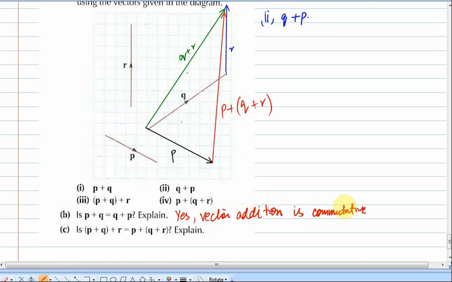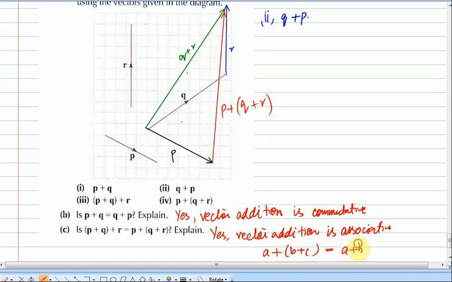For part C, yes, it's also proven because vector addition is associative. That property, A plus B plus C equal to A plus B plus C grouped differently, is the associative property, and vectors hold that property, right?